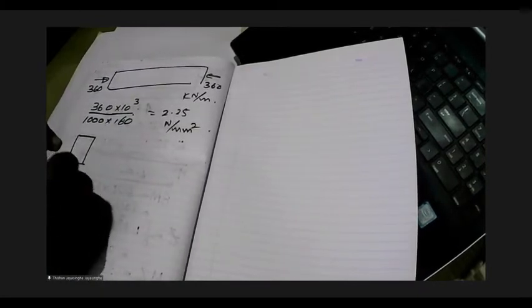So we have pre-stress of 2.25 newtons per millimeter squared, and then we have this compression, this tension, this compression of 7.13. So what will happen?